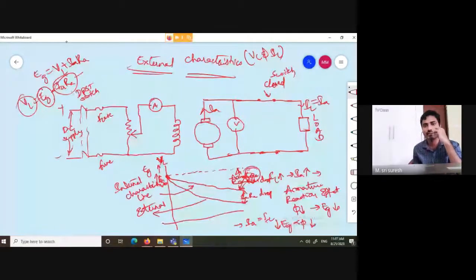So this is the separately excited generator characteristics. Again, I am drawing the external characteristics.